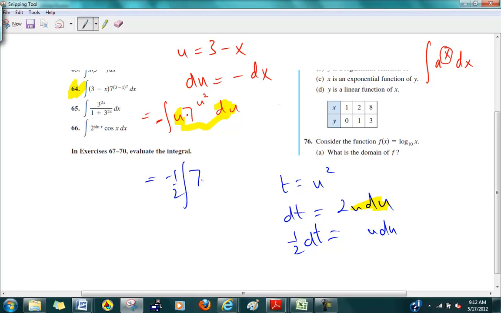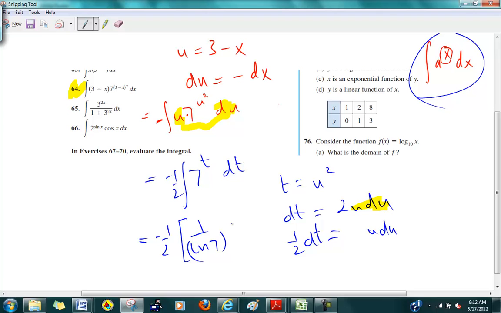And in place of 7 to the u squared, I'm going to write 7 to the t, and this is a dt. And you know the rule for this one, because that's the rule that I just gave you in the previous slide. Integral of 7 to the t dt: 1 over ln 7, nice, 7 to the t plus c.